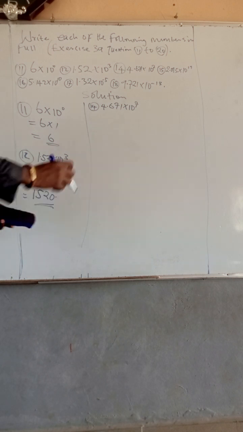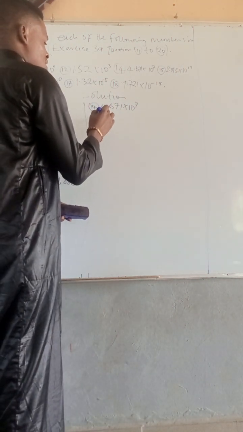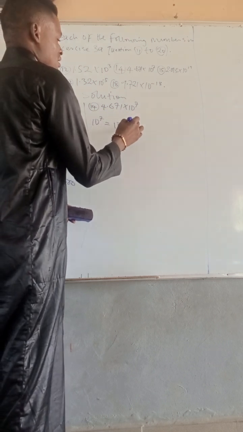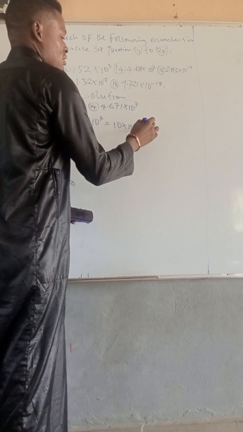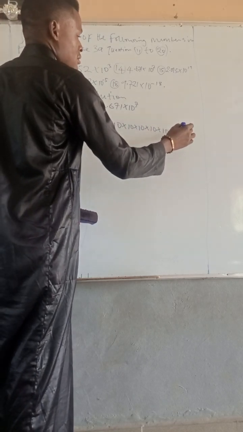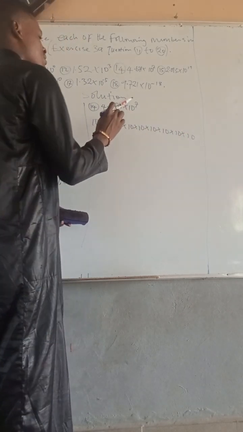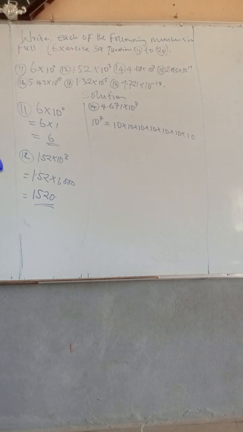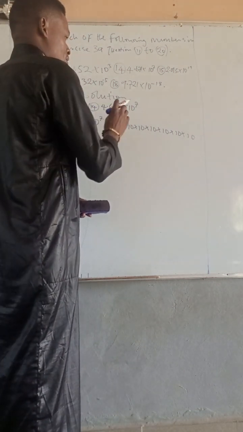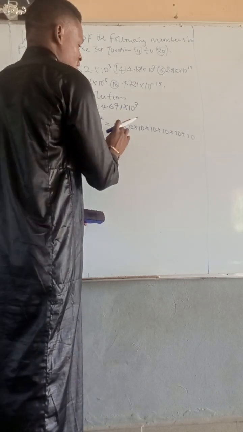Yes. So now 10 to the power 7 is 10 multiplied by itself in 7 places: 1, 2, 3, 4, 5, 6, 7. And what is that going to be? For easy multiplication, you can use your calculator here.